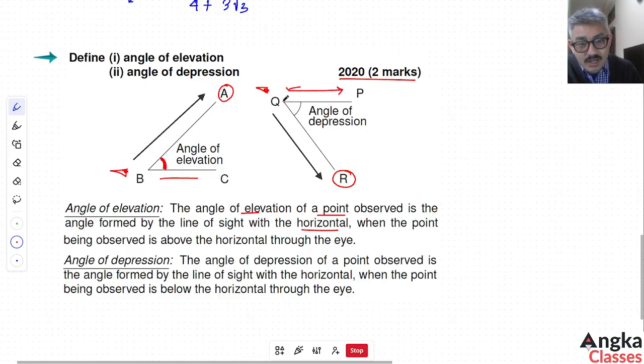The line of sight QR forms an angle with QP, which is the angle of depression.